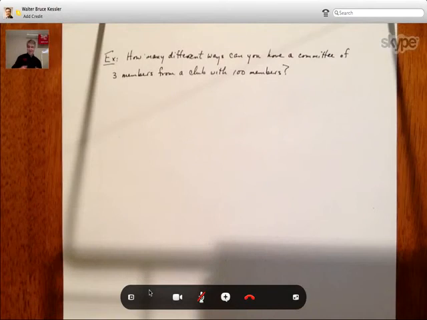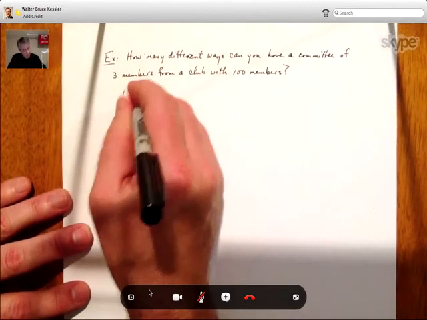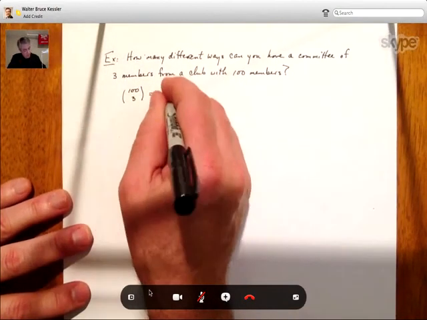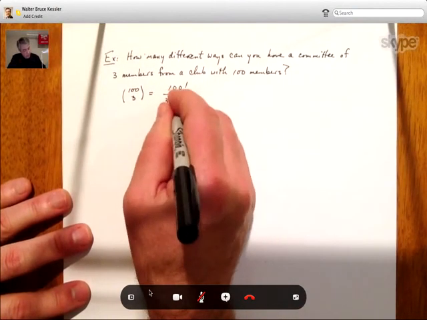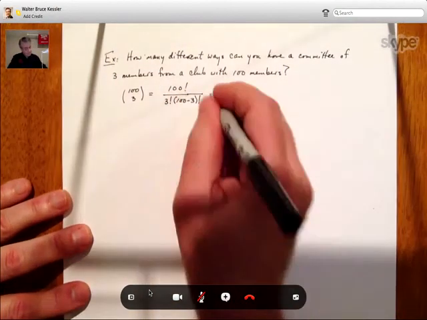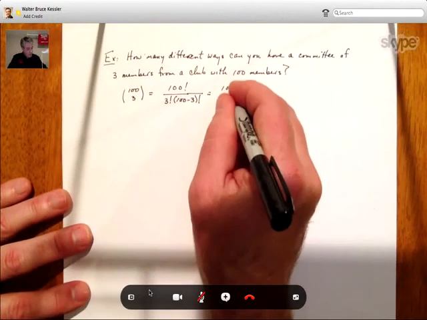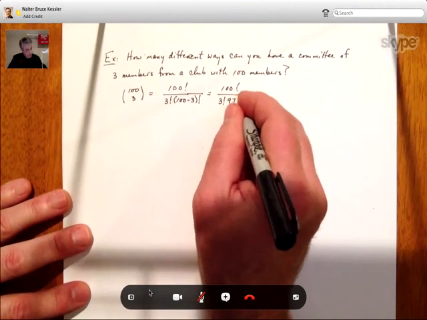Notice how this problem is rephrased from the permutations problem. Now this is different than asking how many ways can we have a president, a vice president, and a secretary, right? Because those are distinguishable categories that put things in a particular order when we make those choices. Here we're just saying committee members. All right. So this is going to be 100 choose 3. So again, 100 factorial, and then you've got 3 factorial, and then you've got 100 minus 3 factorial. And again, this is not the way to calculate this number.